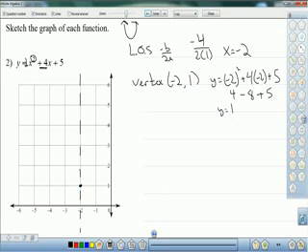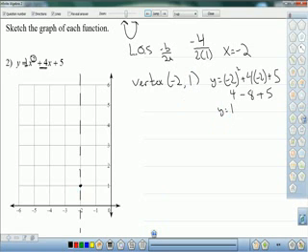My line of symmetry is x equals negative 2. So I go to x equals negative 2. Just put a nice vertical line. I just like to dot it because it's not really part of the graph or part of the parabola. But there's our reflecting line.